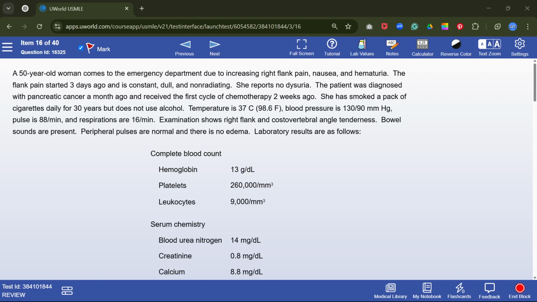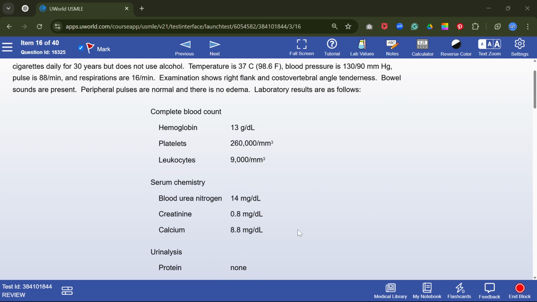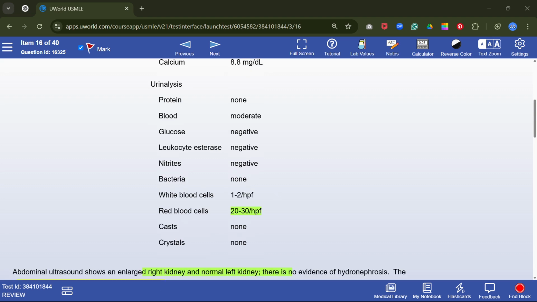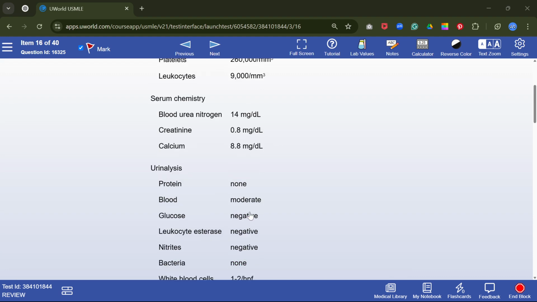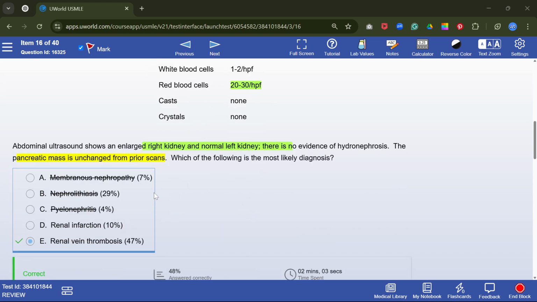On labs, hemoglobin is 13, platelets and everything else are fine. Look at the RBC: 20 to 30 per high power field. Important here, abdominal ultrasound shows an enlarged right kidney but a normal left kidney.